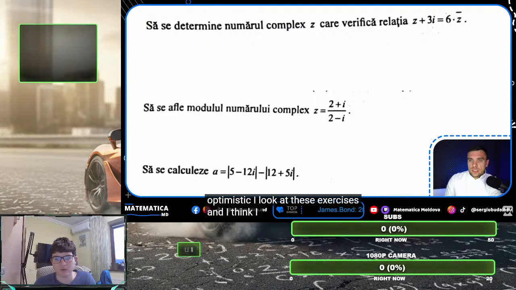So we've got essentially the Z. I think that's going to be equal with A plus BI.